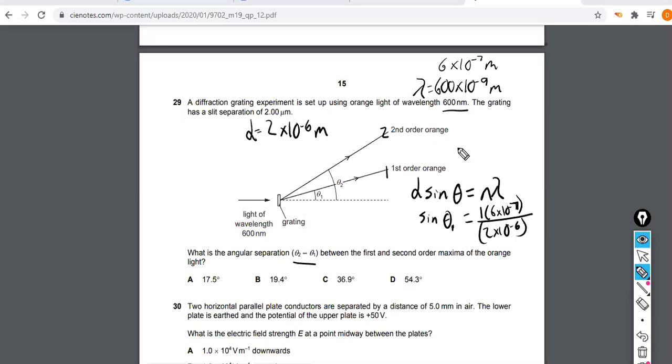So for the first order, if the sine of theta 1 is 0.3, then theta 1 must be the inverse sine of 0.3. Taking the inverse sine, that's 17.46.